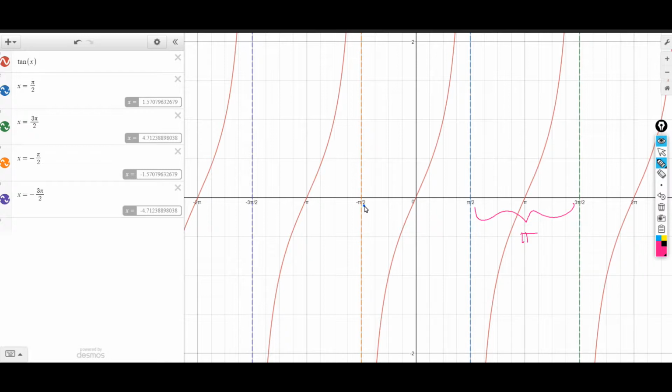Because if I say negative pi over 2 plus pi, that gets me pi over 2, plus pi, that gets me 3 pi over 2. Just like before when I said that the period of each tangent is pi, the period of the asymptotes is pi as well, or the gap between them.